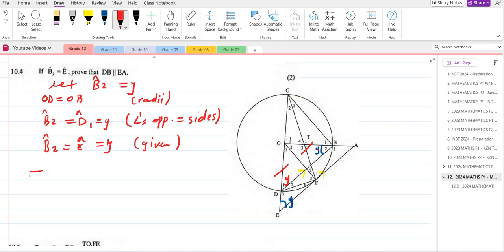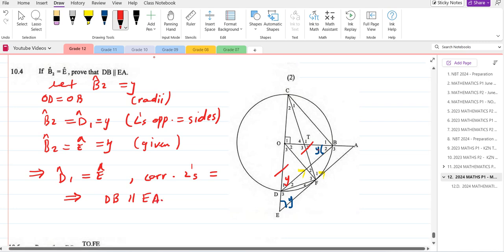This implies angle D1 equals angle E, right? We got corresponding angles equal. This implies DB is parallel to EA because we got corresponding angles equal. So DB is parallel to EA. Perfect. Now we have parallel lines.